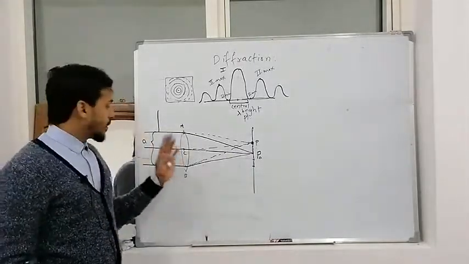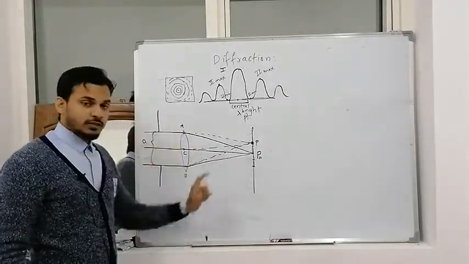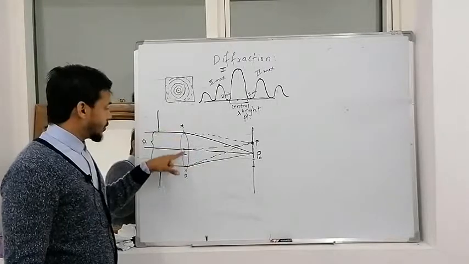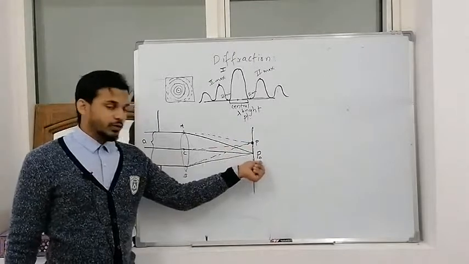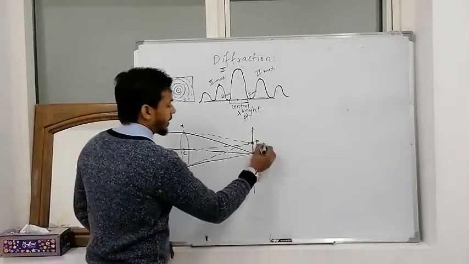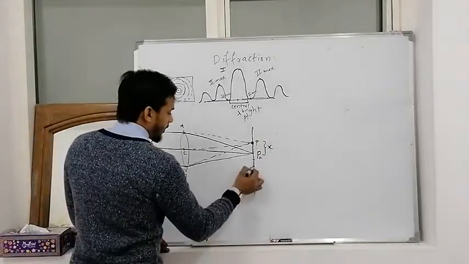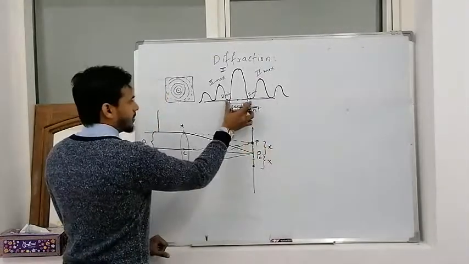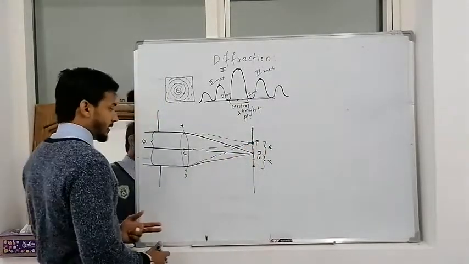As we discussed before, we have used a plane wavefront, a lens at a finite distance, and the width of the slit is A. There are three points A, B, C, and there is the brightest point on the screen P0, and a point of secondary minimum, and the distance between them is x. Here if I draw, it will be again x. So the width of the central bright point will be 2x. That we will see later.